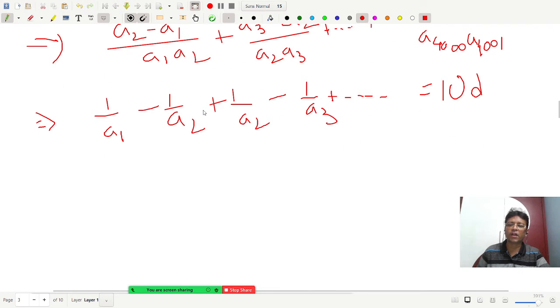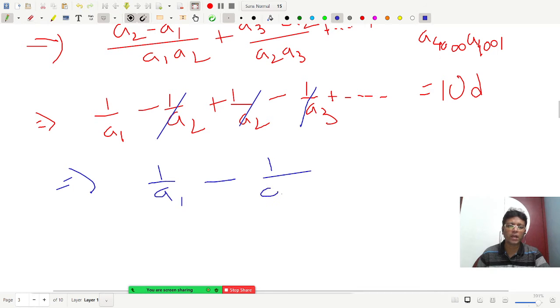Now look at that, all the 1 by A2 get cancelled, plus minus get cancelled, 1 by A3 get cancelled. You are only left with 1 by A1 minus 1 by A4001. That's it. You are left with this only, and that is equal to 10D.